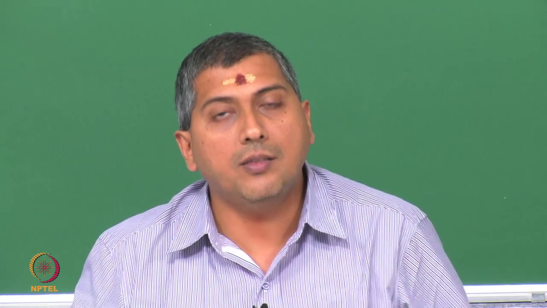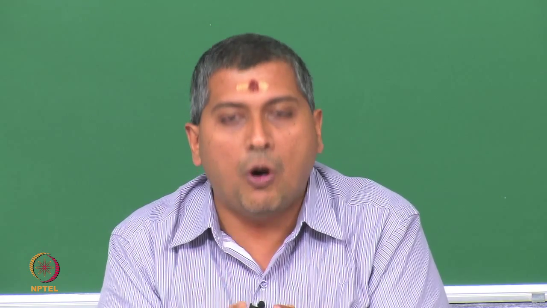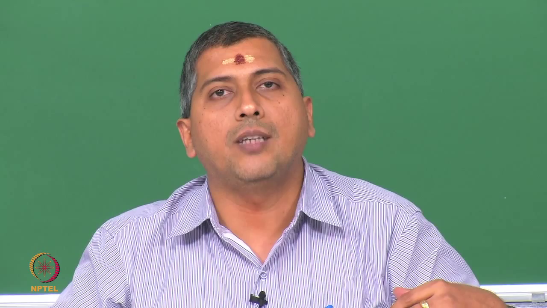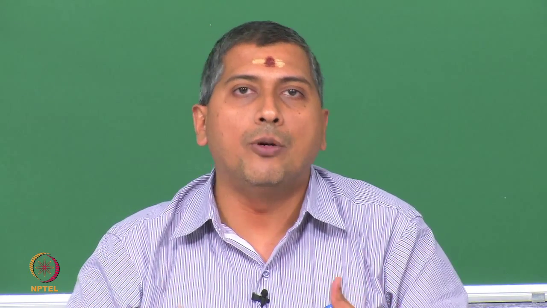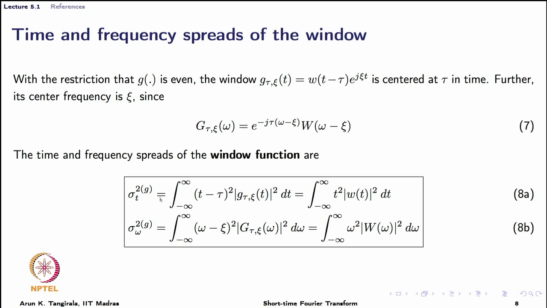Is it very vast? Is it going to get me the features of the signal in a small neighborhood or a large neighborhood? What is exactly the neighborhood of the signal that it is looking at in both time and frequency? And that is why we are analyzing the time and frequency spreads of the atom here, rather than, as I said, instead of the window function, think of the atom.